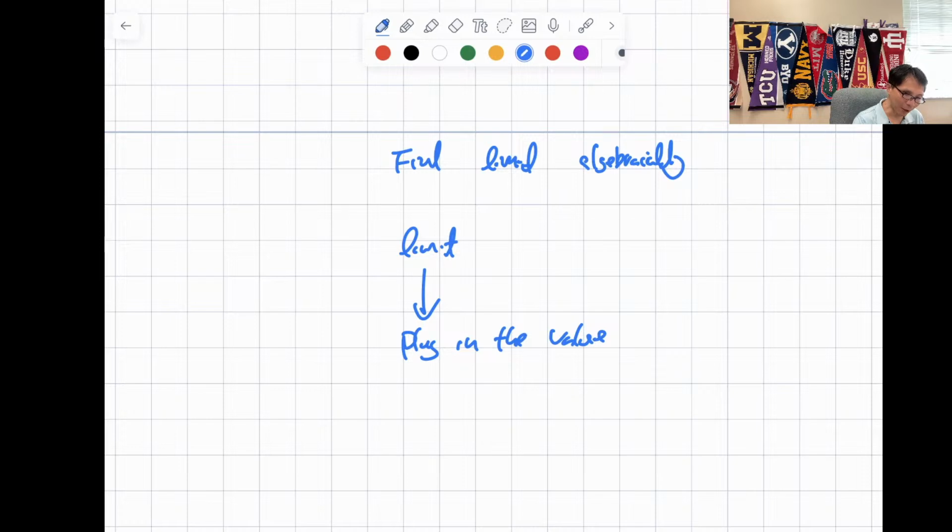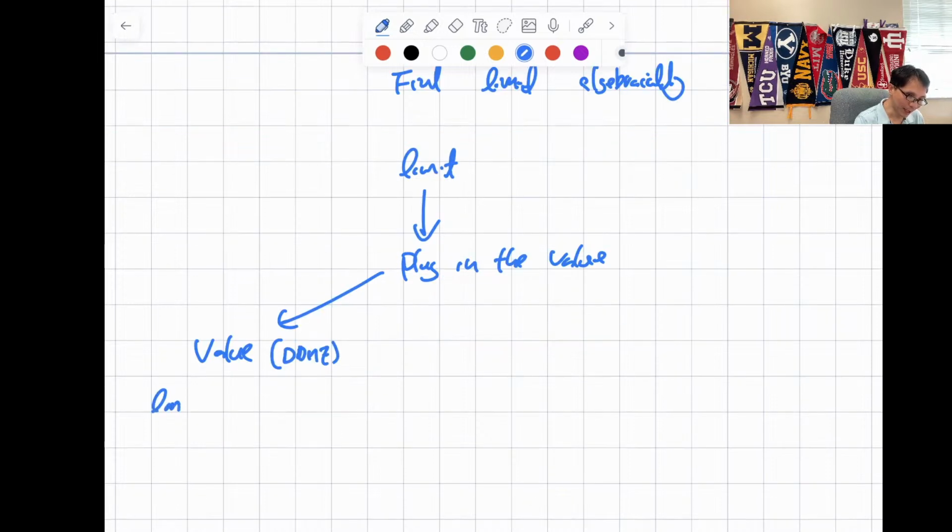If you plug in a value and you get a value, you're pretty much done. So for example, the limit as x approaches 2 of 2x squared plus 3, you just plug in 2 squared plus 3, that's equal to 11. And if you got a value, you are done.